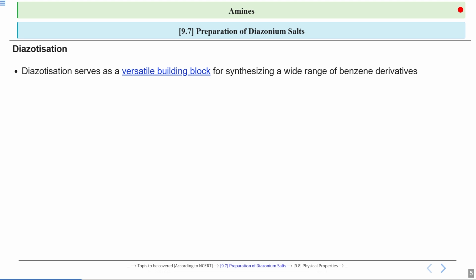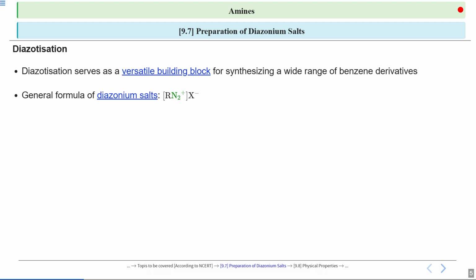Okay, this means it allows us to create a wide variety of benzene derivatives, which are compounds based on the benzene ring. So I can say that this process is central to making many useful chemicals, including dyes and pharmaceuticals.